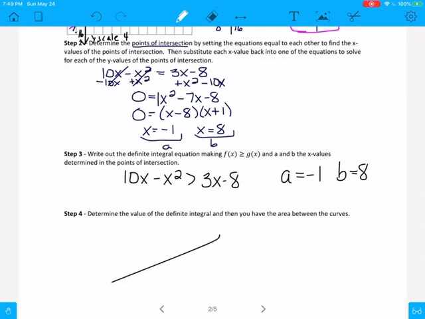So my integral is from -1 to 8. And it is 10x minus x squared minus the lower one, so 3x minus 8 dx. And if you sketch it, you can even find the intersections that way often too, right?